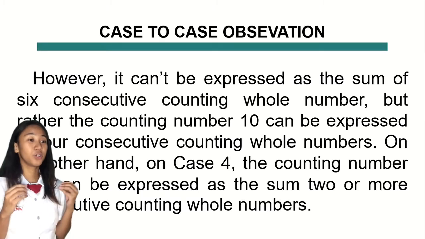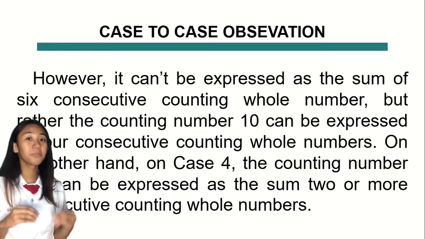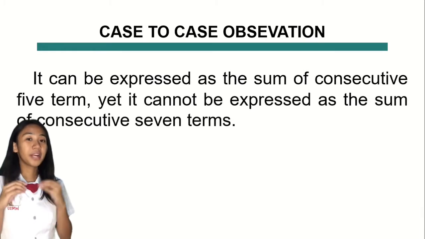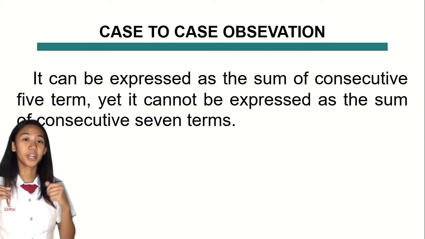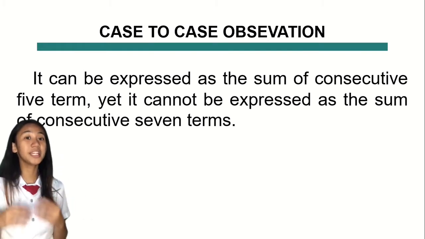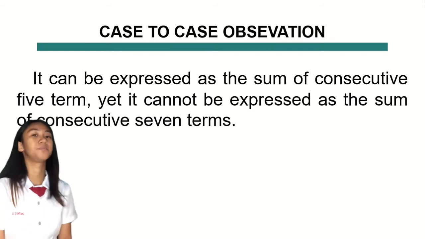Since if you're going to use 7 terms, our x would be a fraction, while if we use 5 terms, our x would be a whole number. And as stated in the conjecture, if x is a whole number, then it can be expressed in that specific number of terms.